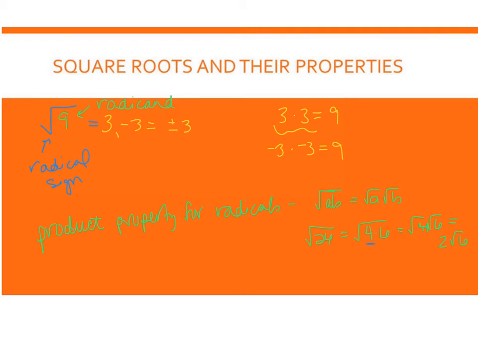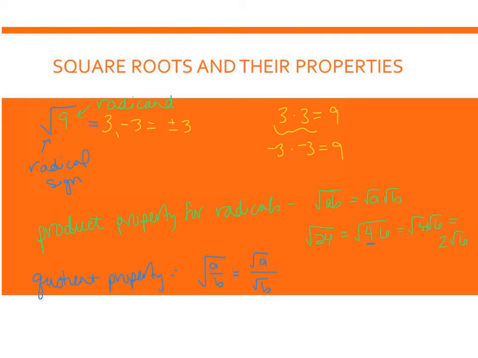Our other property is the quotient property for radicals. Okay. And it is if you have a radical of a quotient, that you can split it apart and have the quotient of two radicals.